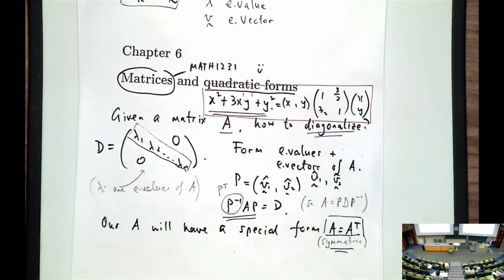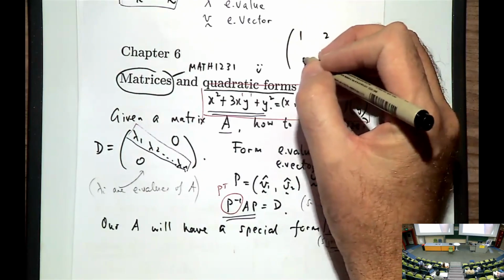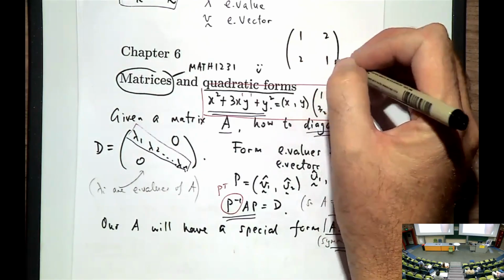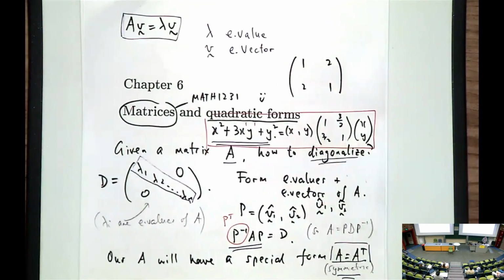Now, in week 5, we talked about special, very well-behaved, friendly matrices called symmetric matrices, right? So let me give you an example. That's an example of a symmetric matrix, because if you switch the first row with the first column and the second row with the second column, the matrix stays the same. Okay?